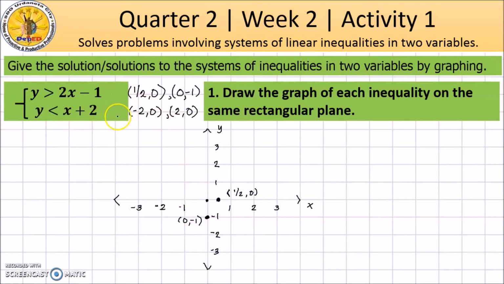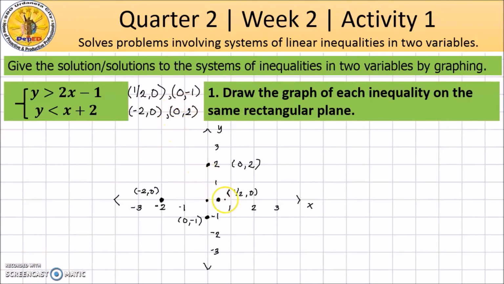And for the second linear inequality, we have negative 2, 0 and 0, 2. So let me, okay, so we have changed already this one.